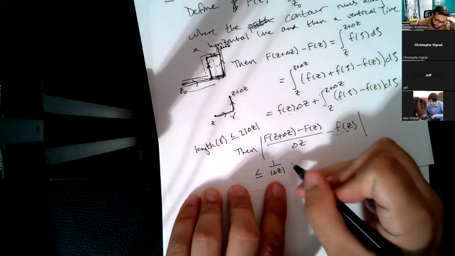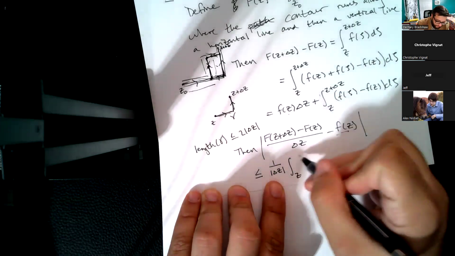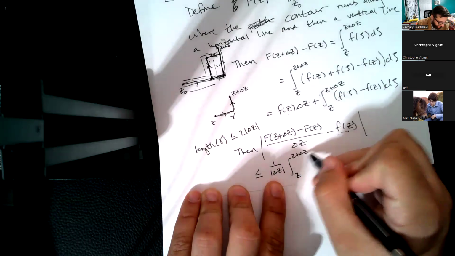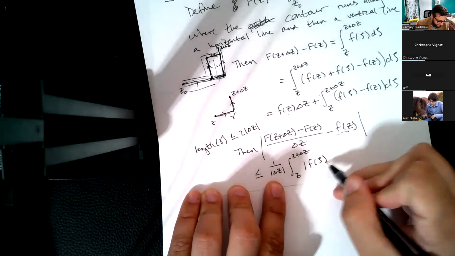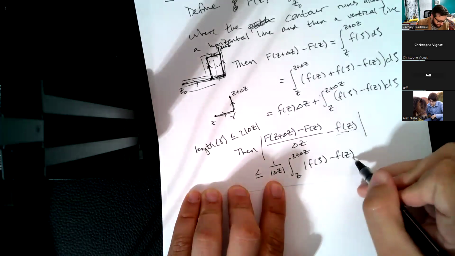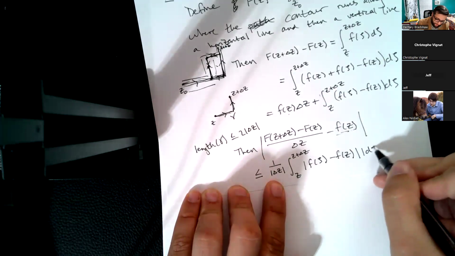And so what I'm left with is the integral from z to z plus delta z of the modulus of f of zeta minus f of z, times the modulus of delta zeta.